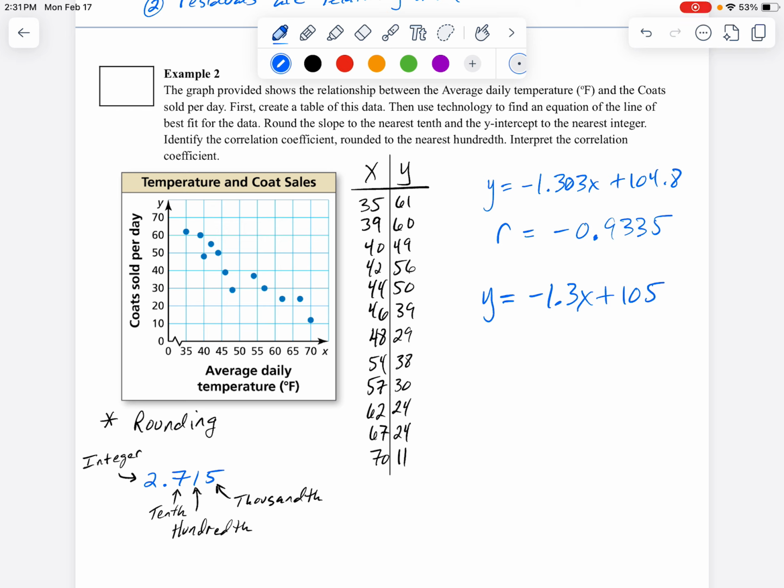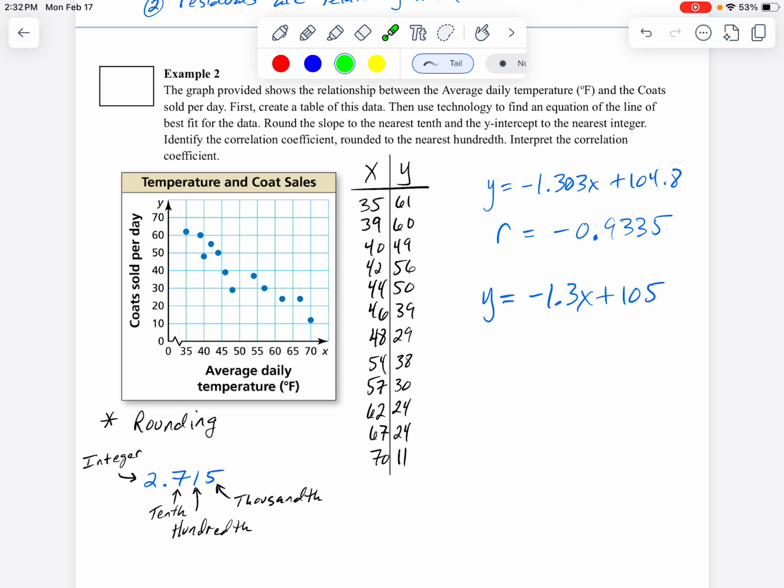So from there, we can take away a few things. Again, we know our slope is negative 1.3. So it might ask us to interpret that slope, which we've done in the past. Our y-intercept is 105. Our R value, it asks us to round to the nearest hundredth.